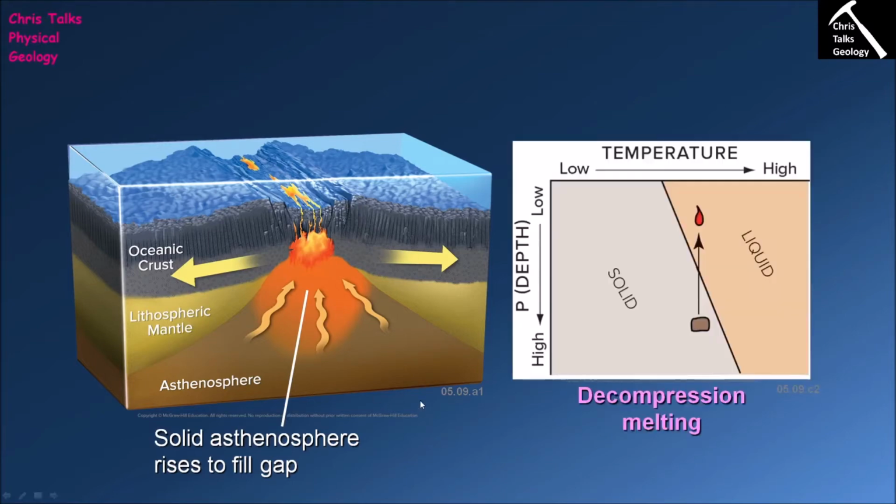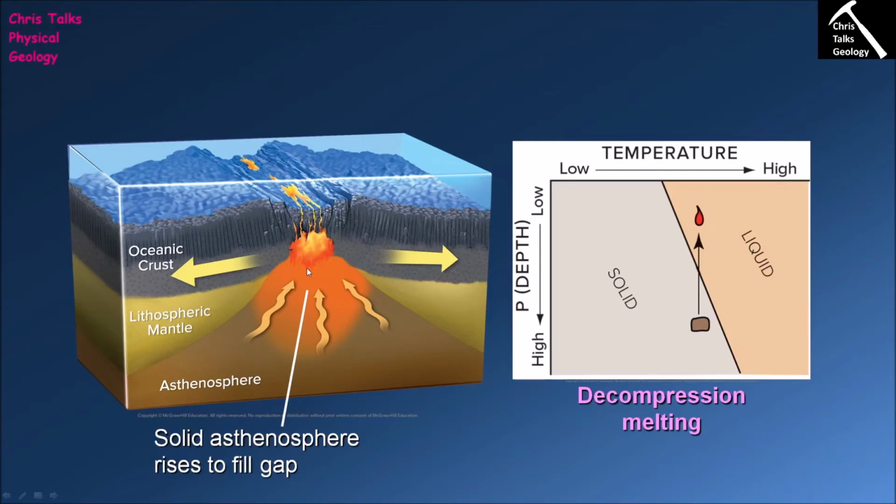Well, why is that important? Your asthenosphere has a temperature of 1300 Celsius or higher, so it's very, very hot. The problem for the asthenosphere is that in most locations, let's say over here, the pressure is such that only a very, very small proportion of it can melt. So the pressure tends to inhibit the melting of the asthenosphere. Now, as the asthenosphere moves up into this lower pressure region, it's still really hot.